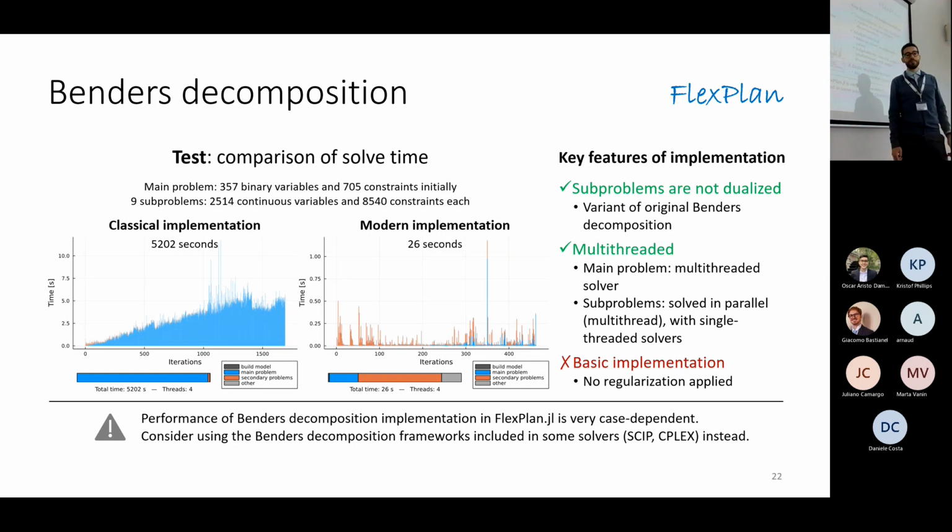We developed this implementation along the development of the tool in the FlexPlan project, but my advice is to start using implementations that are better engineered.